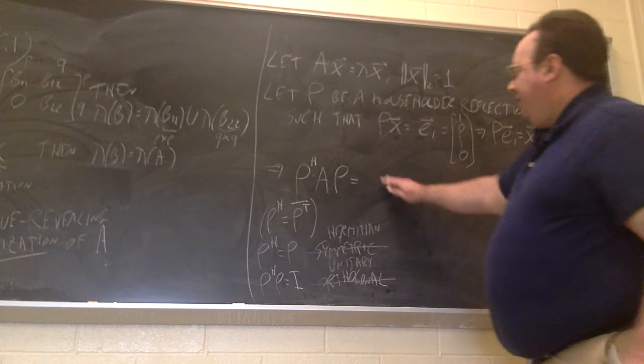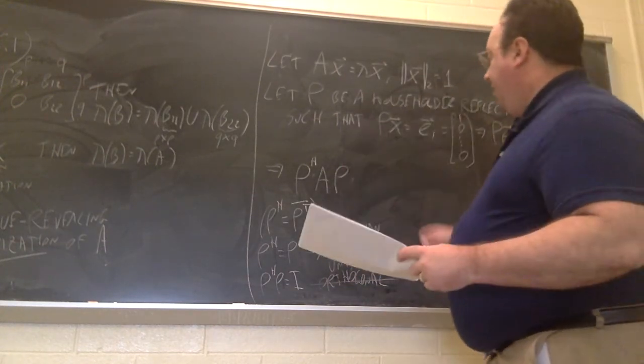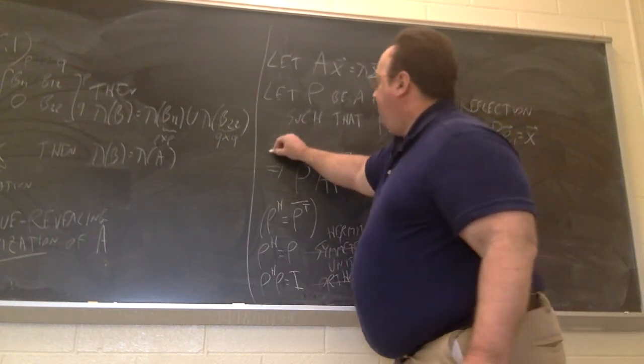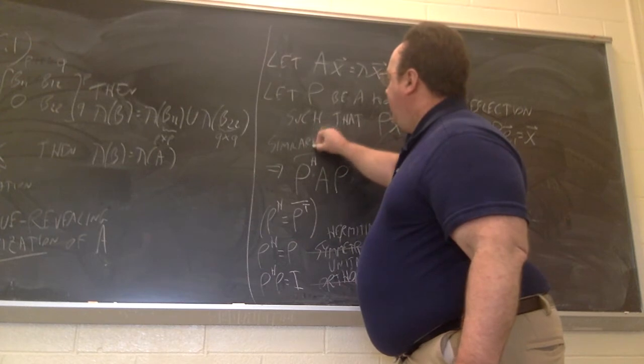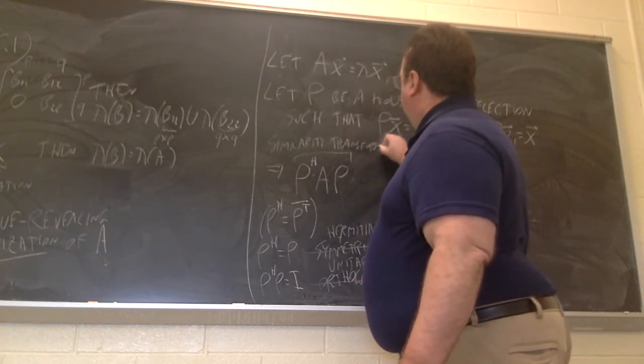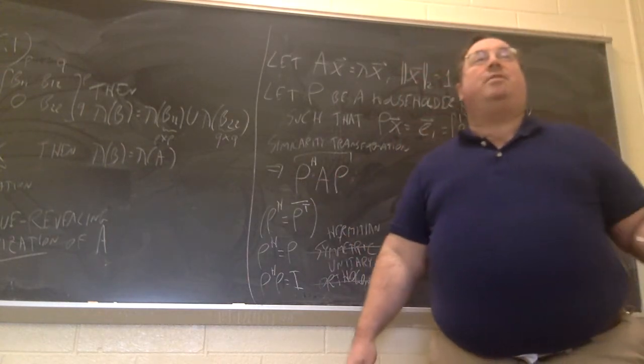Oh, and then I'm actually going to compute. So this matrix here, this is a similarity transformation of A, because P^H is P inverse.